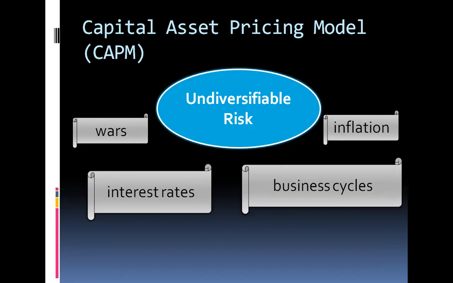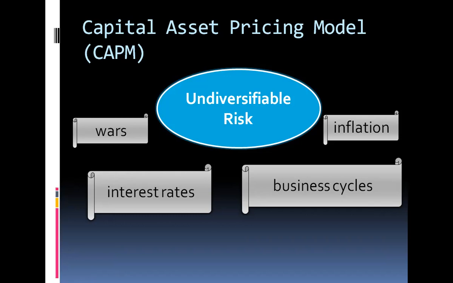Systematic risk cannot be eliminated by diversification because it affects all firms simultaneously. Take note, undiversifiable risk cannot be eliminated by diversification because it affects all firms simultaneously.